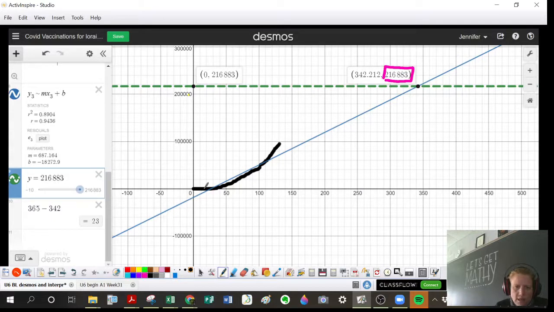Here's my trend line or line of best fit. So my line of best fit is y is approximately 687x minus 18,272. So again, that is the running total. So this is a little bit different. This isn't per day. This is how much is getting kind of added on per day.